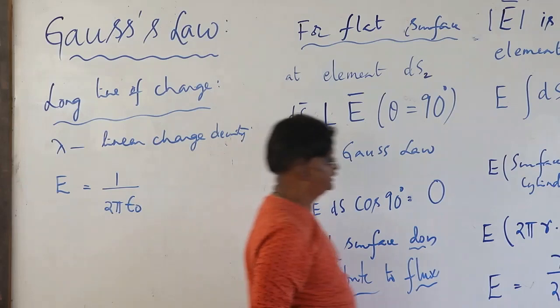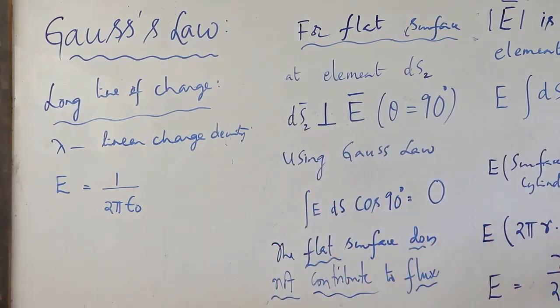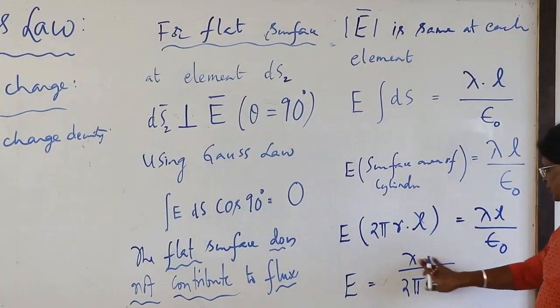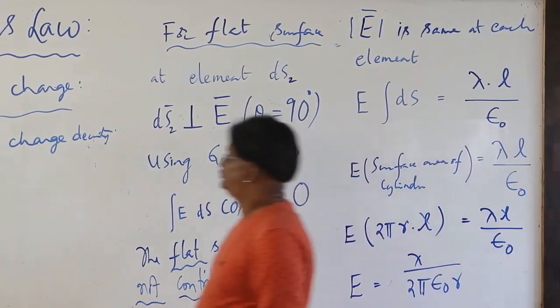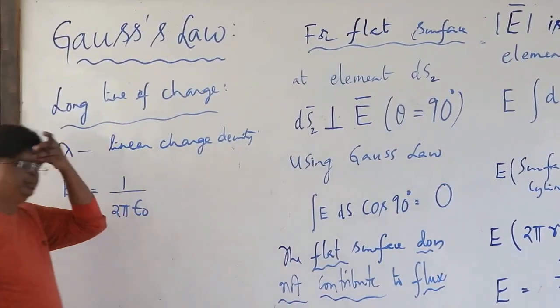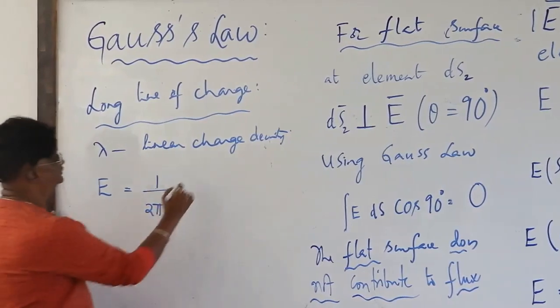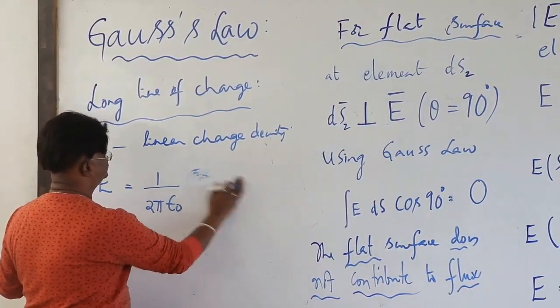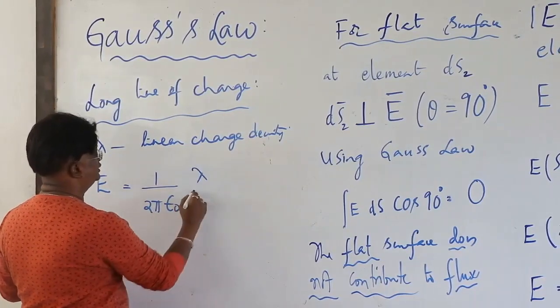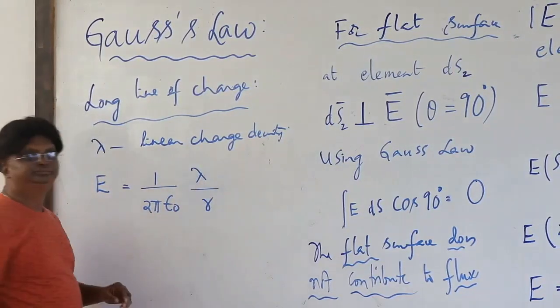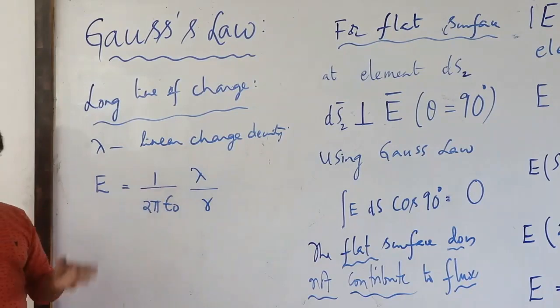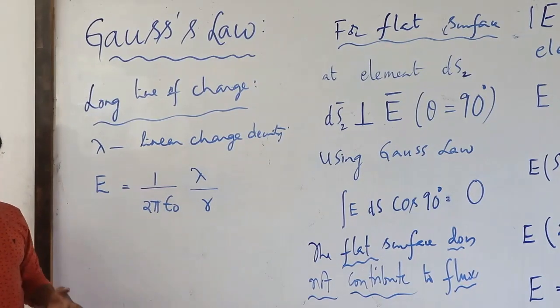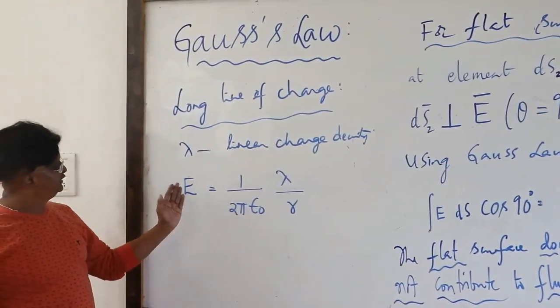Sorry, here L is cancelled, right? 1 by 2 pi epsilon naught lambda upon R. This lambda is not wavelength, please don't say that it is wavelength, it is linear charge density.